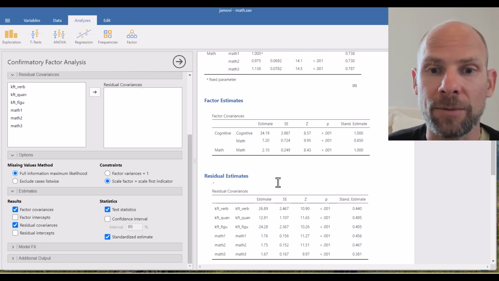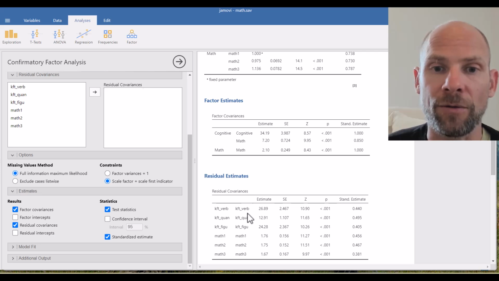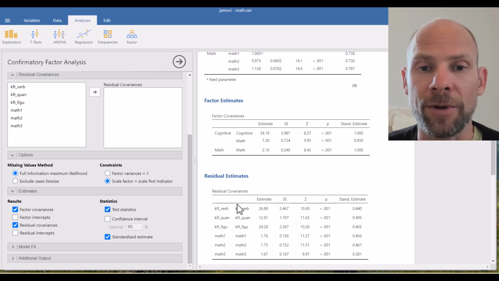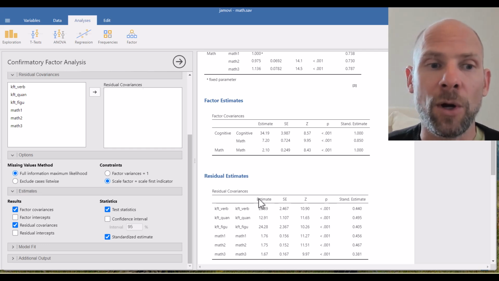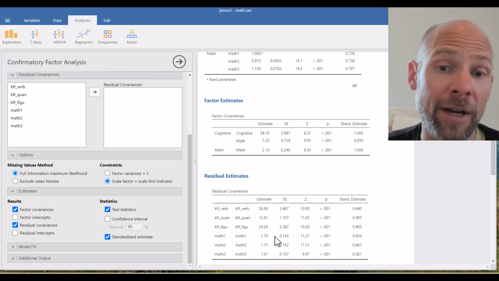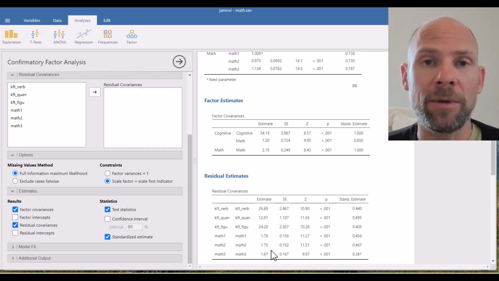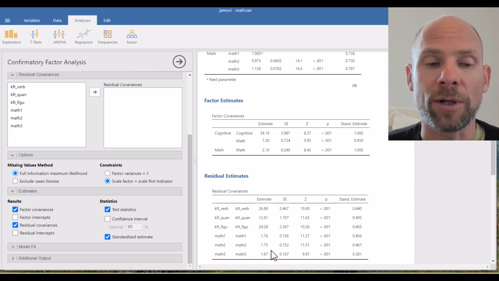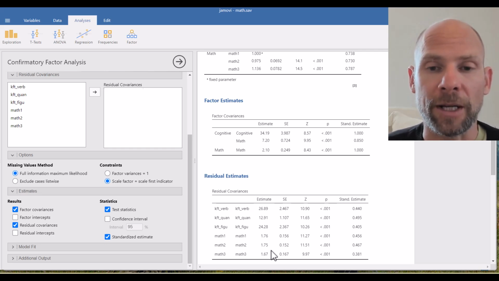In this case, we have only residual variances, so those are the covariances of the errors with themselves. So this table then with the residual estimates would give you only residual variances or error variances, which may be important for you to report when you produce a report of this model. So you might want to include those.